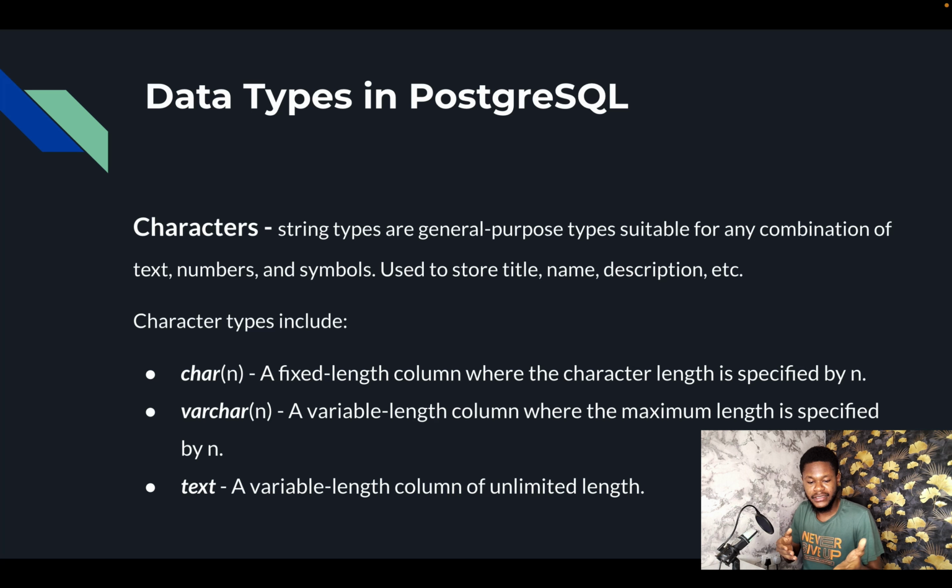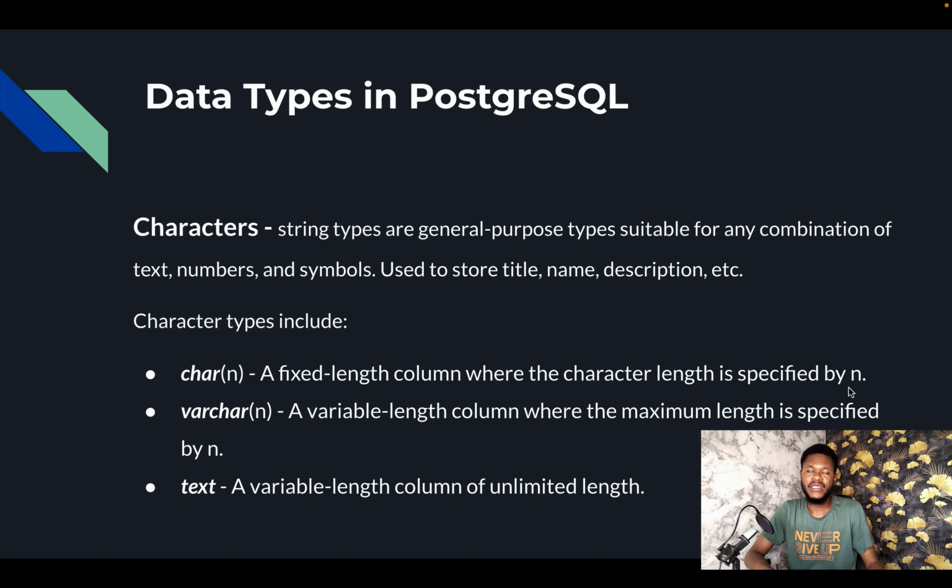Other character types we have are char, varchar, and text. I'm going to explain what char means. This is a fixed length column where the character length is specified by n. Let's break it down.